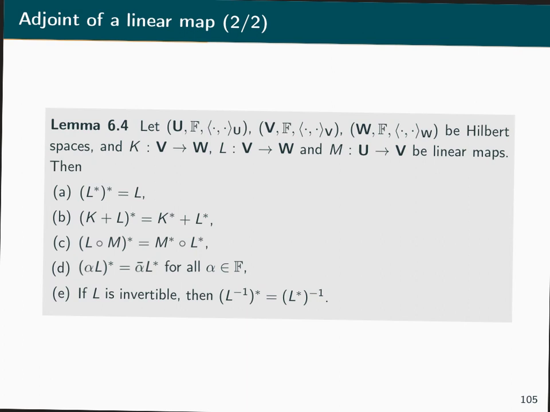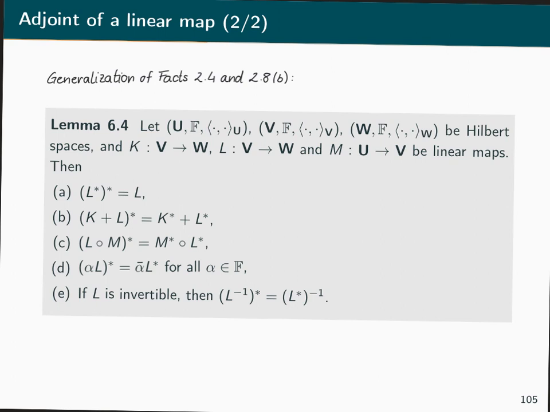For general adjoint maps on abstract Hilbert spaces, we have a generalization of facts 2.4 and 2.8b in lemma 6.4. Suppose we have three linear maps K, L, and M that map between the appropriate Hilbert spaces, then the following properties hold. A, the adjoint of the adjoint of a linear map equals the linear map itself. B, the adjoint of the sum of two maps equals the sum of their adjoints.